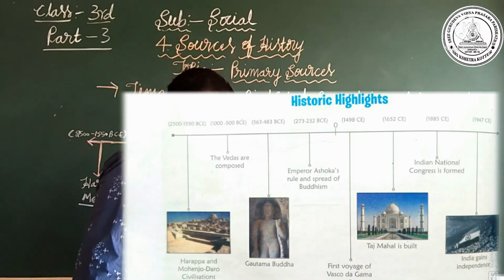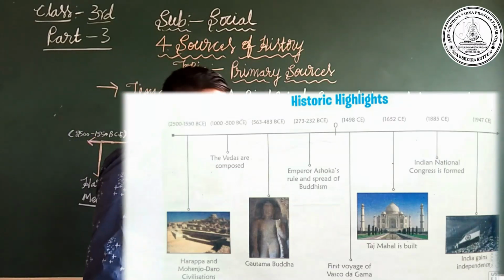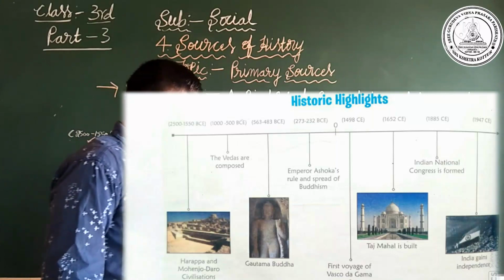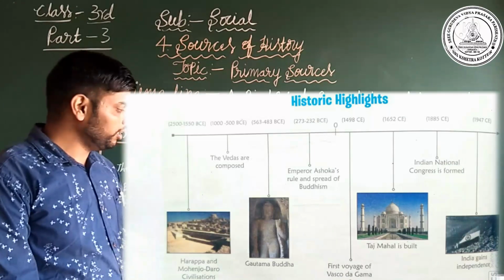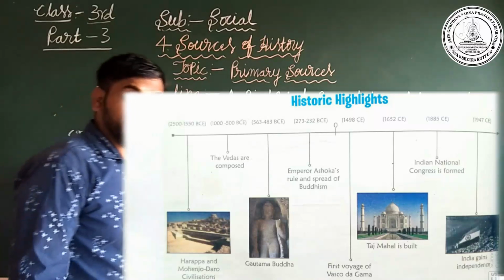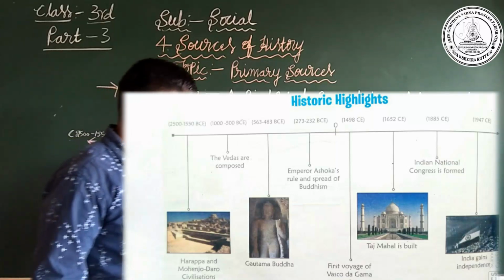That is why Vasco da Gama, in the year 1498, discovered the waterway and reached Calicut in India. That is all about the history of Vasco da Gama.